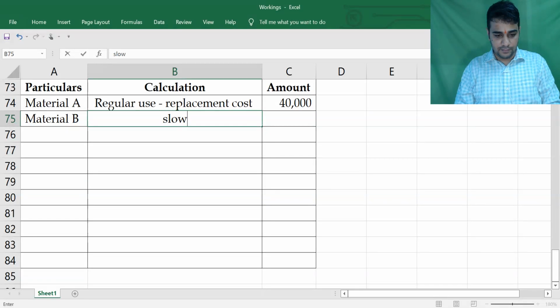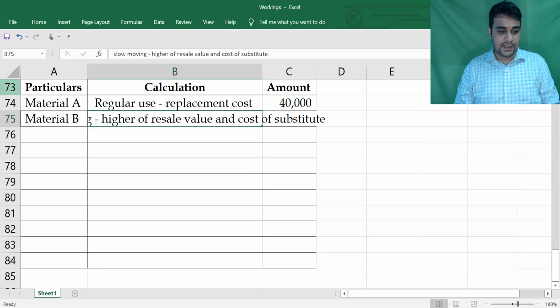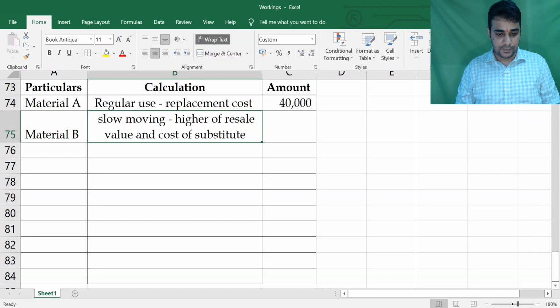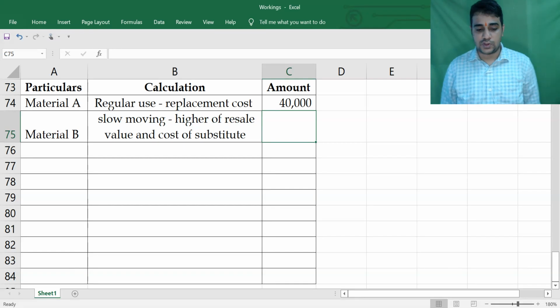Slow moving, higher of resale value and cost of substitute.